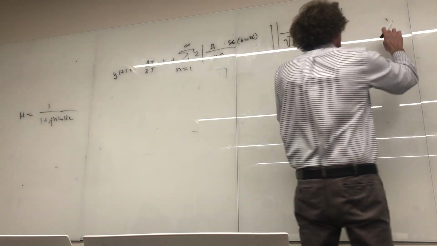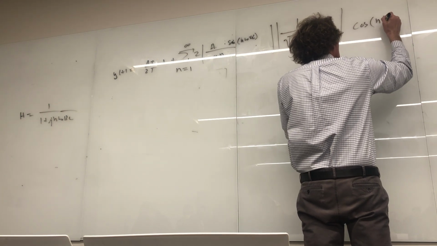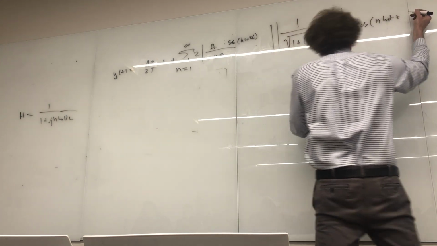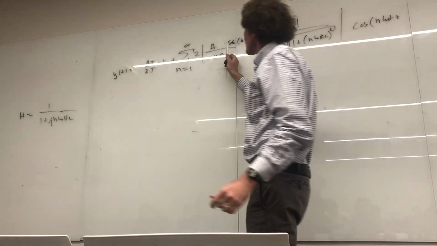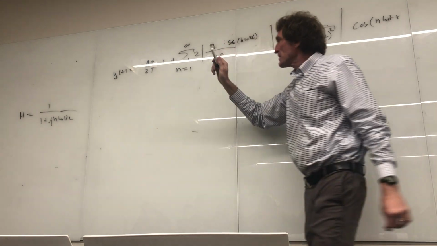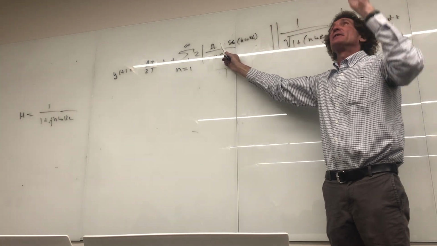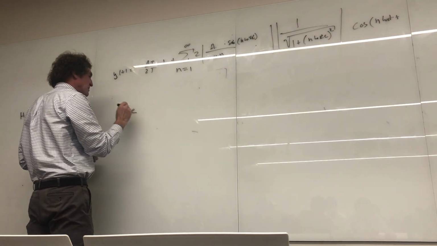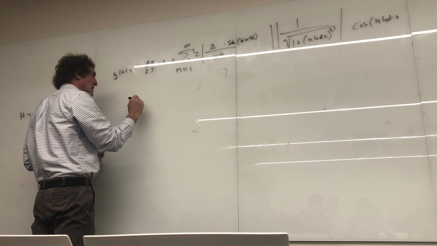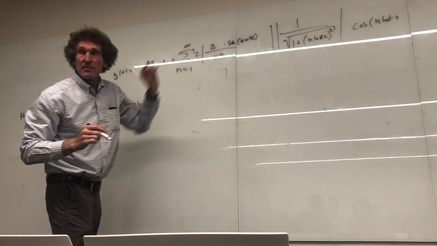Now you put in the cosine of n omega naught t plus the phase angle of this term, right? And the phase angle of this term was what? The j's canceled, but there's a term e to the minus j n omega naught tau divided by 2 that's multiplying this stuff.